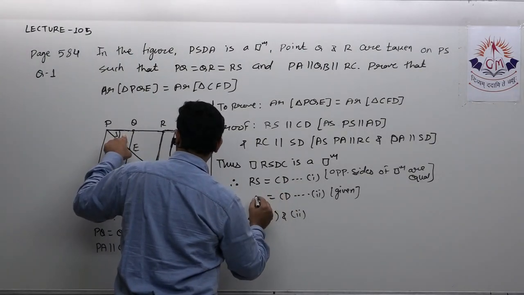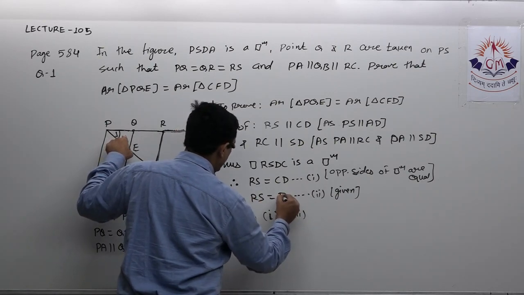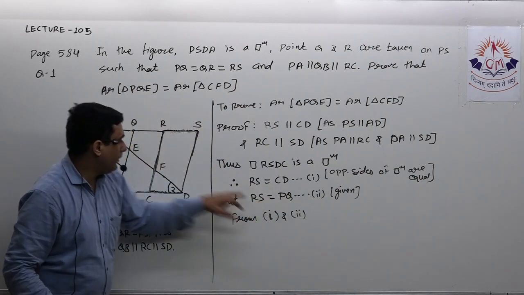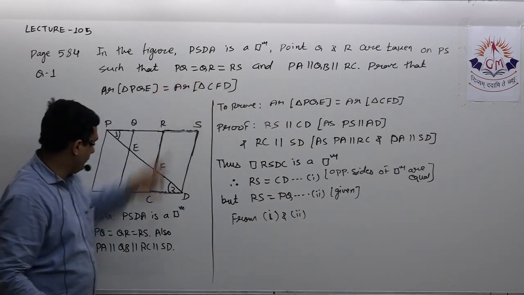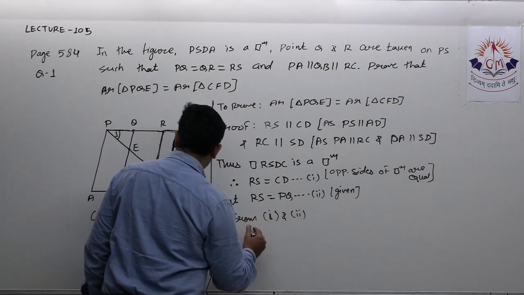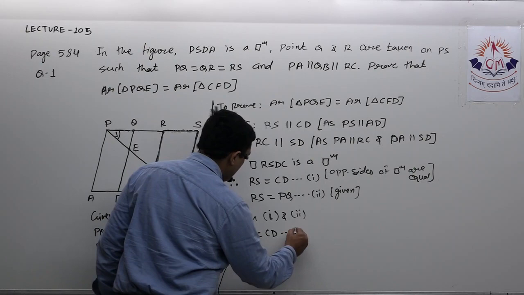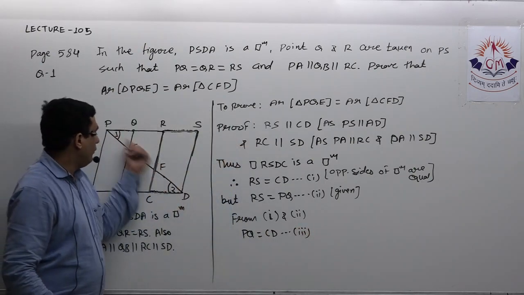Here I should write RS equal to CD, opposite sides of parallelogram, and RS equal to PQ, that is given. You can see this RS equal to PQ given. So from first and second I can say PQ equal to CD. PQ is equal to CD. Let it be third. Okay, so here I got one side equal.